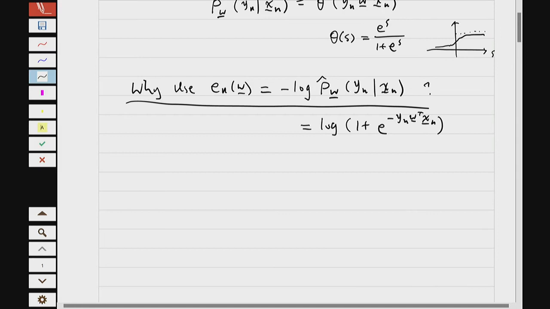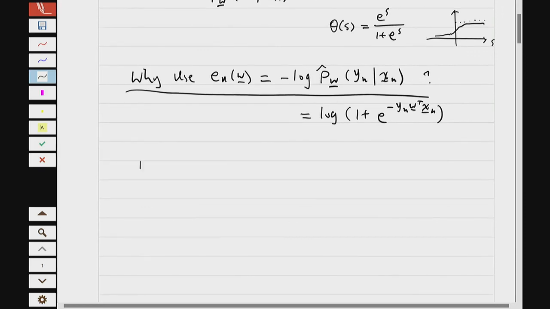But before we go there, let's first make a comparison with linear classification. So the hope is to show that this loss function is better than the loss function for linear classification in some general sense. Benefit over linear classification.